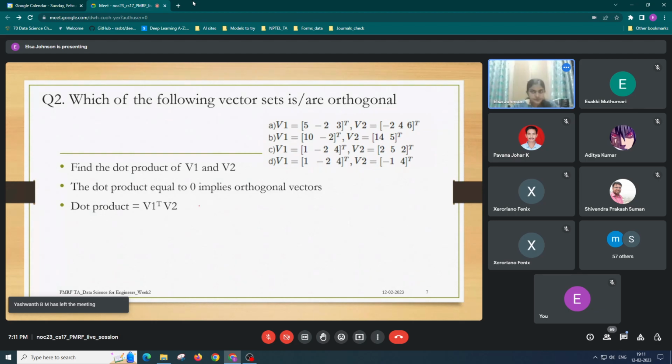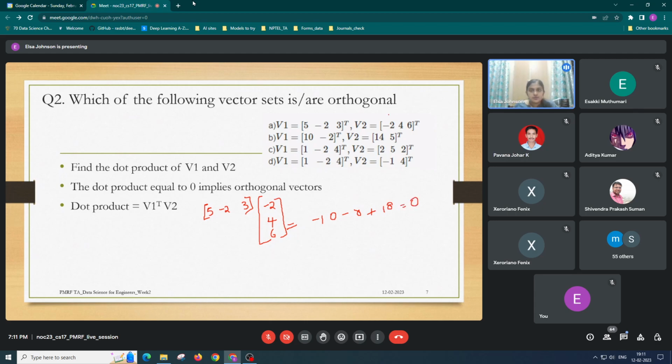Okay. So can you find out? I'll just do the first one. V1 transpose will be 5, minus 2, 3, and the second one, v2, is minus 2, 4, 6. So the answer will be minus 10 minus 8 plus 18. That will be 0.